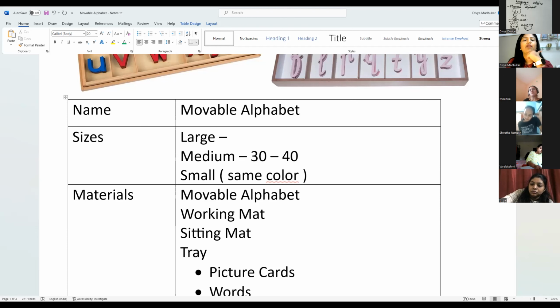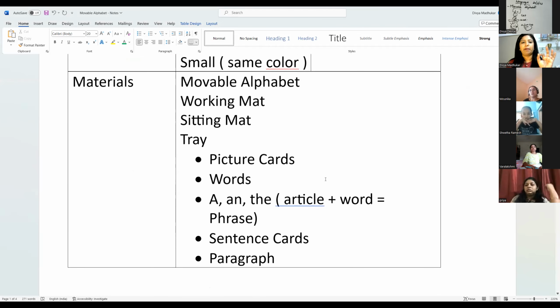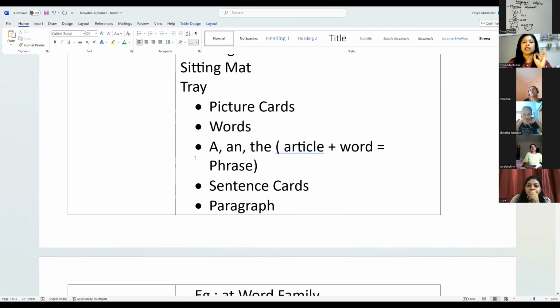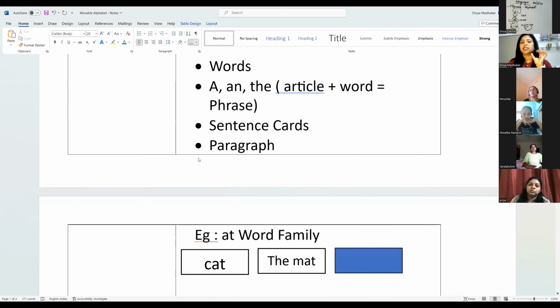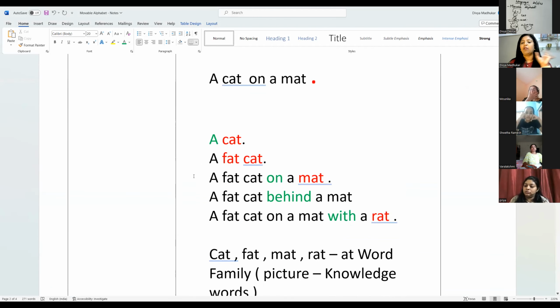So we don't have to differentiate between a blue vowel and a pink consonant. So you will choose the mat which is appropriate to the size of the material that you have chosen. You have to bring all these materials: picture cards, words, phrases, sentences, paragraphs, and all of this.